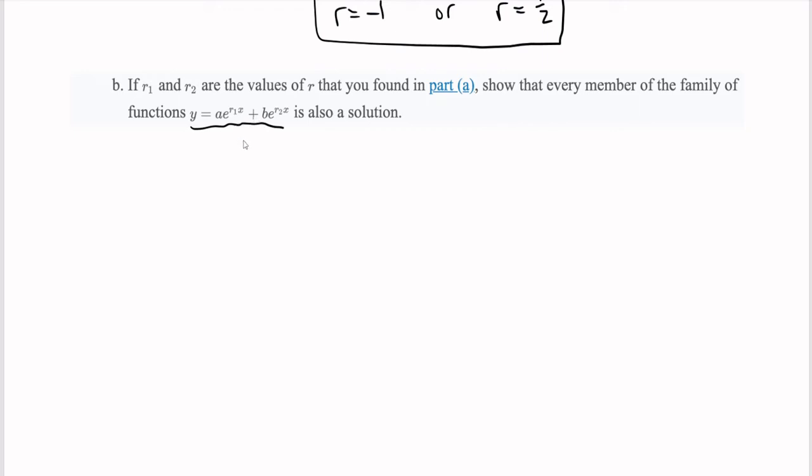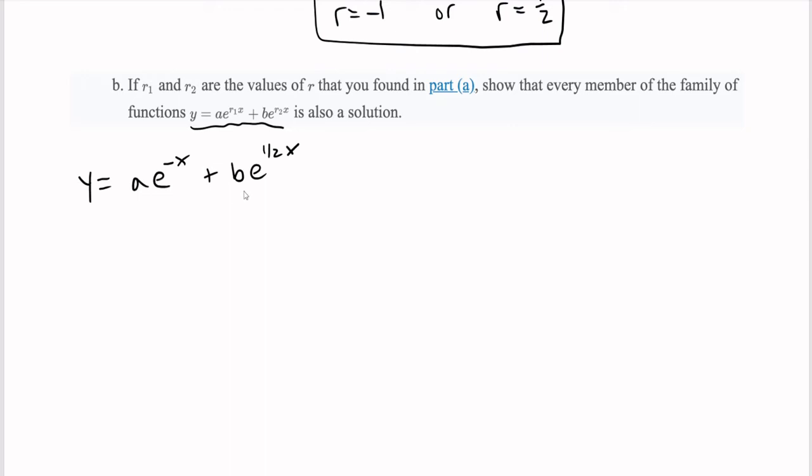So again, very, very insane, but this is what we're going to show right now. I'm going to take two different solutions. So a e to the negative x plus b e to the 1/2 x. I've taken two things I know are going to be solutions. I've done what's called a linear combination of them, okay? And that's also going to be a solution.